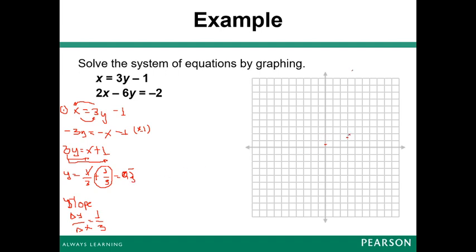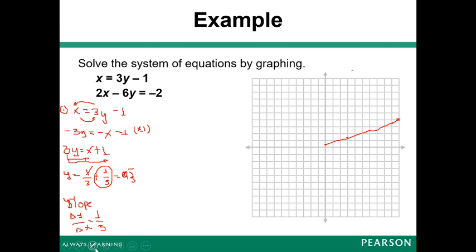Now again move 1 and move 3, rise and run. So we have a graph in this form.